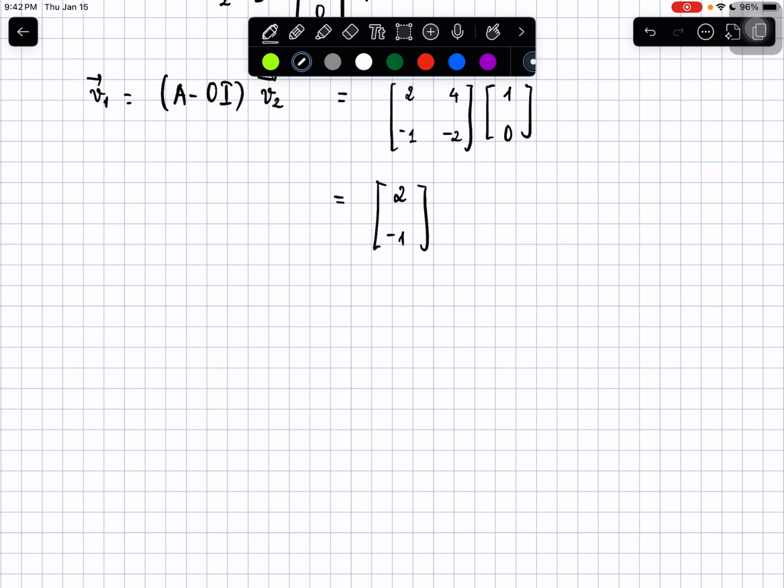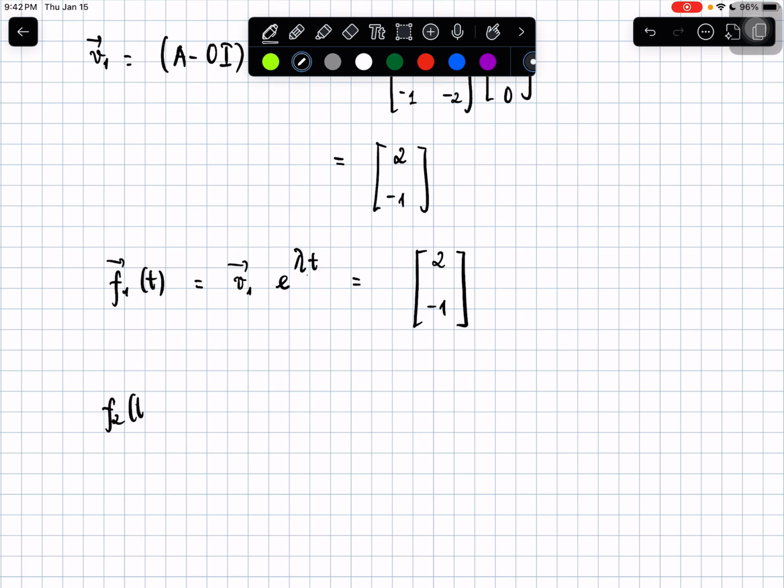Now we construct the solution. f1 of t is v1 e to the lambda t, in our case lambda is 0. v1 is 2, minus 1. f2 of t is v1 t plus v2 times e to the lambda t.